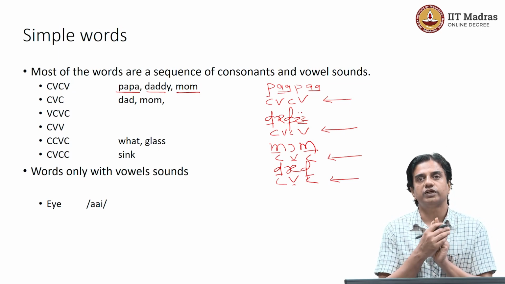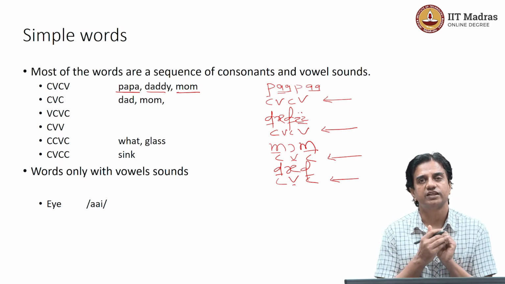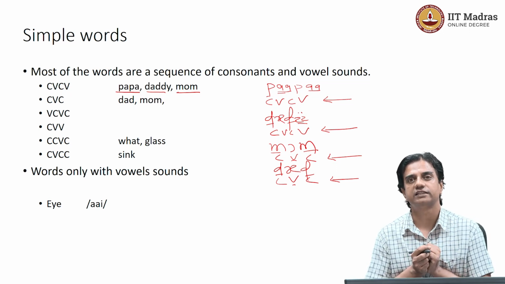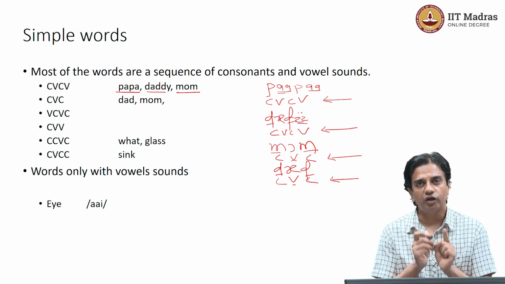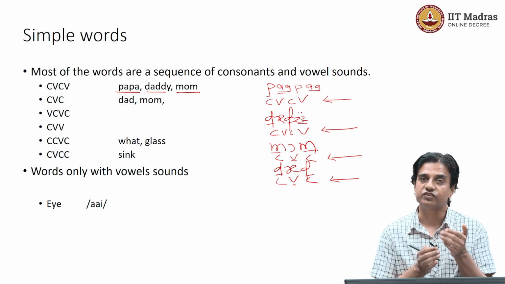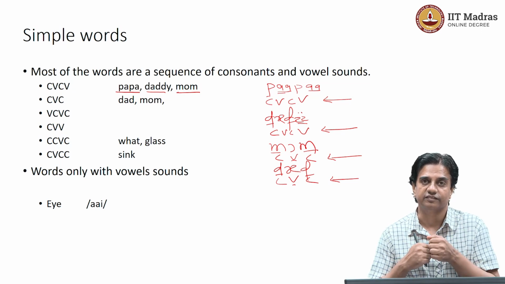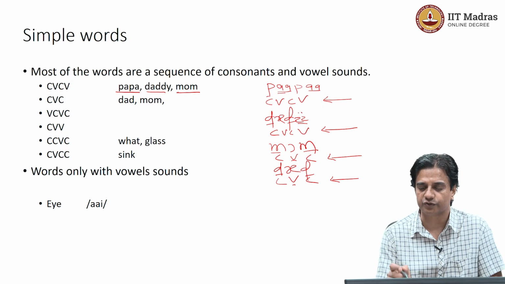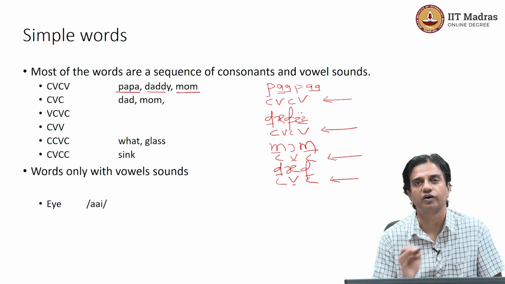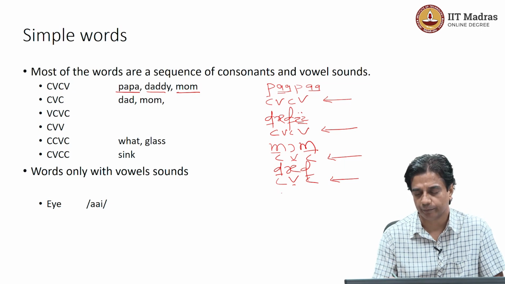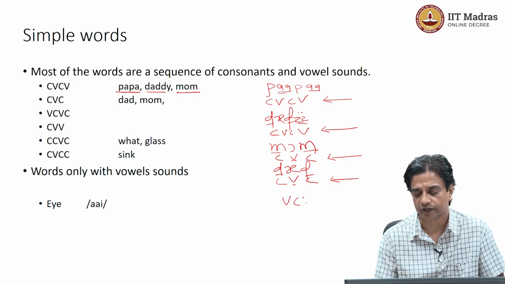I want you to understand these two things with clarity. One is that the order of sounds is not random, in the sense that it will have consonant, vowel, consonant, vowel, and then alternation of these things. It could also be consonant, vowel, consonant. It could also be that a word begins with just a vowel sound.